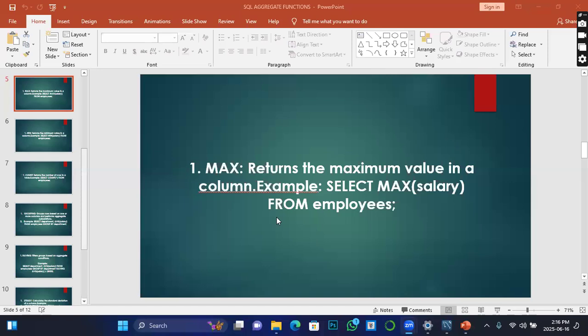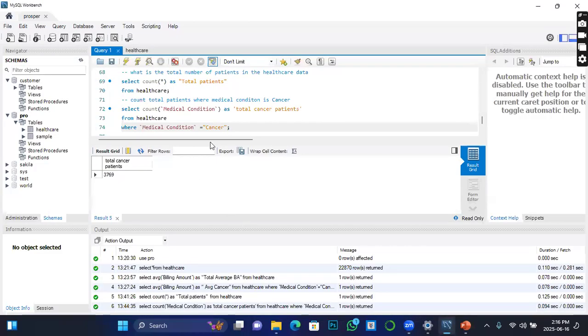So the maximum, this can actually answer a valid question. It returns the maximum value in a column. So for example, the syntax is select max, that's the function, then define the column, and identify the data. You have that. So let's quickly go back to our data.